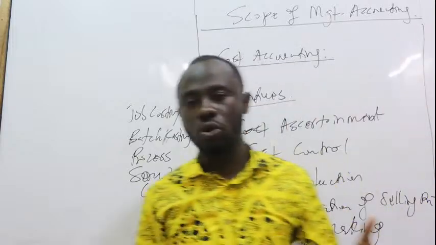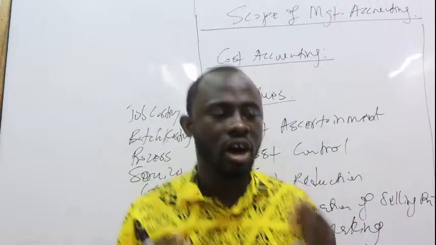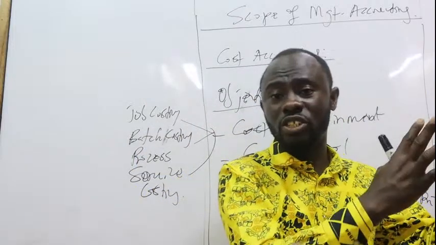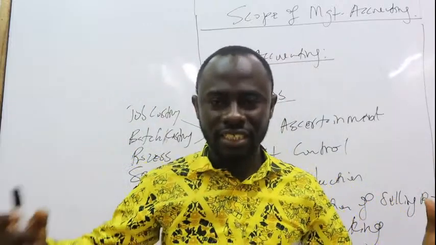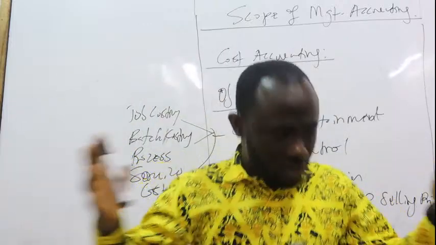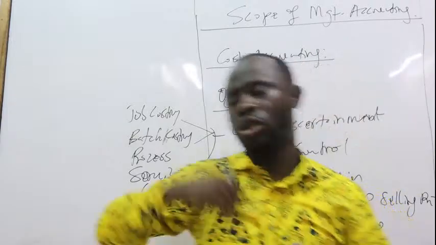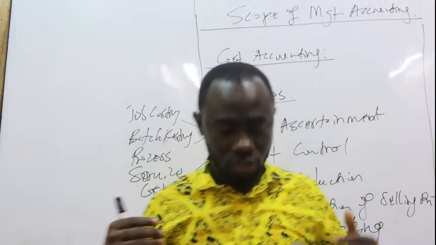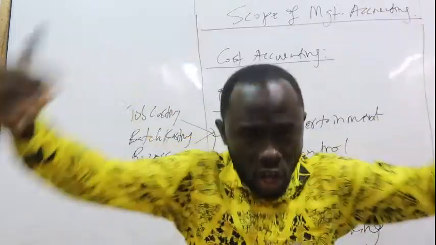Then the second thing there is cost control. Now, cost control refers to the process of comparing actual cost with budgeted or standard cost to determine the variance. Okay, comparing the actual cost against the standard or the budget to determine the variance. The purpose of cost control is to keep cost within what?